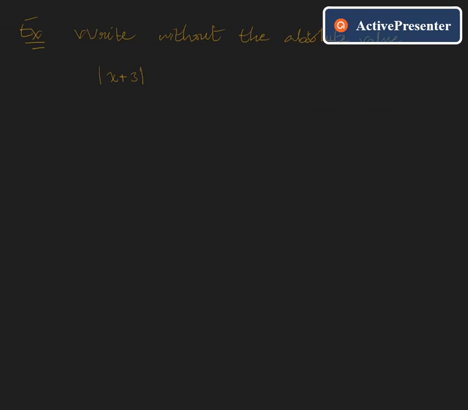Now suppose I ask you to write without the absolute value, or I say simplify. This is the question: the absolute value of x plus 3. We don't know whether this expression is positive, 0, or negative.